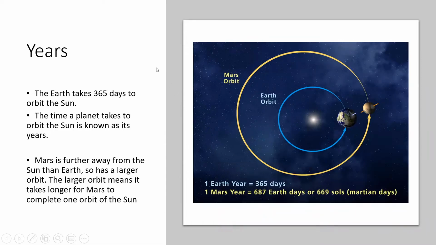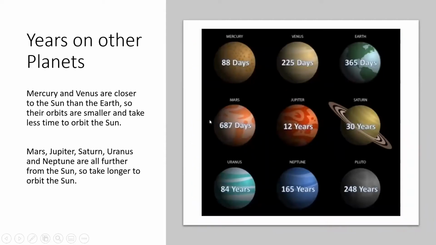So the larger orbit means it takes Mars longer to complete one orbit of the Sun. So 1 Earth year is 365 days, 1 Mars year is 687 Earth days, or 669 Sol, Martian days. So remember on Mars, the day was longer, wasn't it? Not that much longer than the Earth, but a little bit longer.